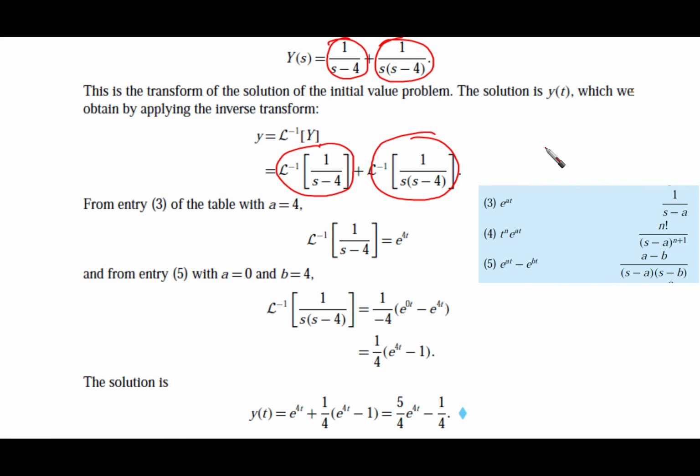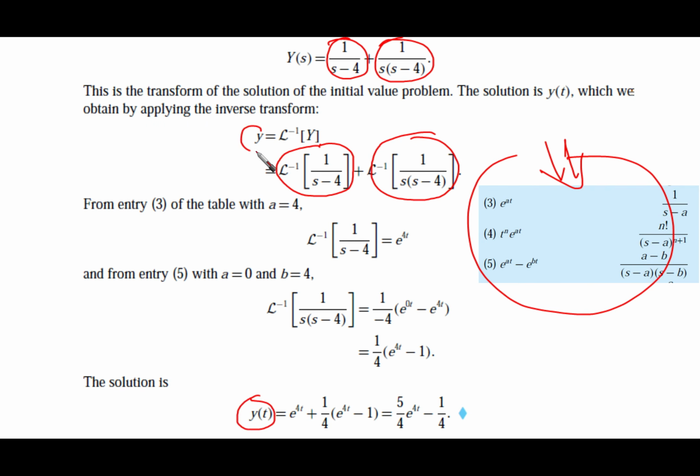Then easily we can use our table that we are familiar with. Then we can find that at the end, in our equation, the left-hand side is going to be the answer, which is y lowercase of t, and the right-hand side is going to be solved easily from the table. Okay.